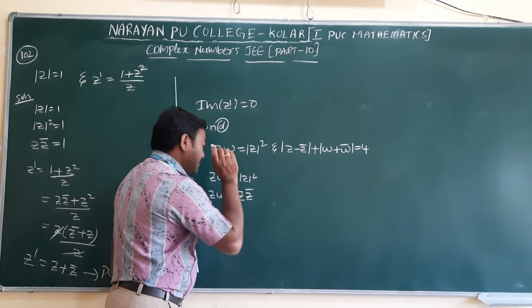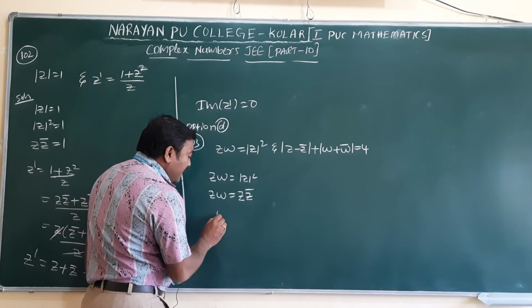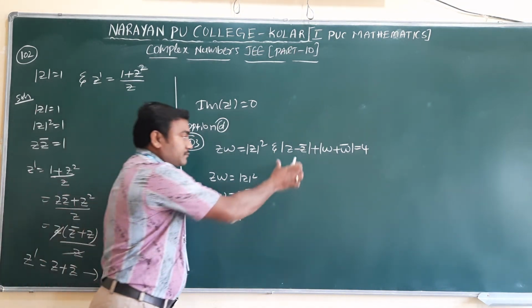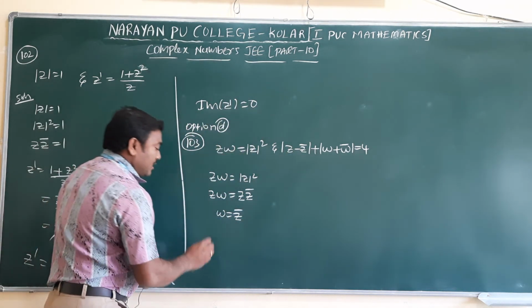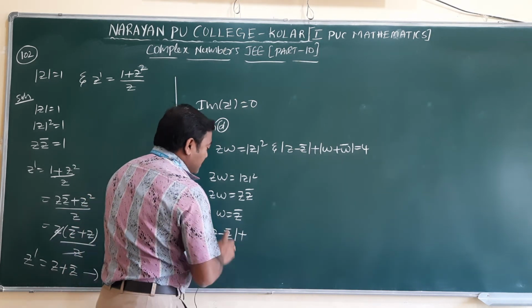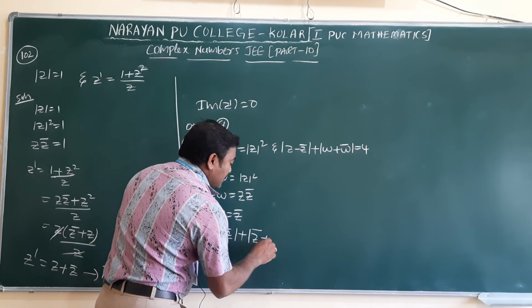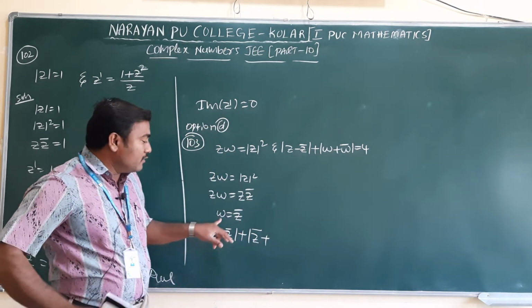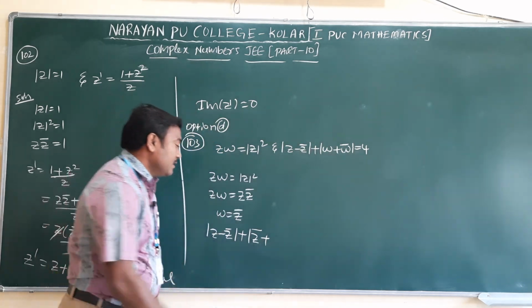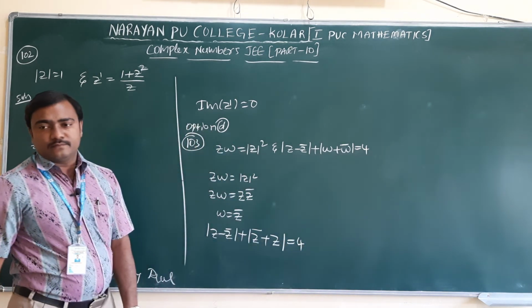So the omega value is z bar. Then omega bar is z bar whole bar, getting z only. So modulus of z minus z bar plus z is equal to 4.